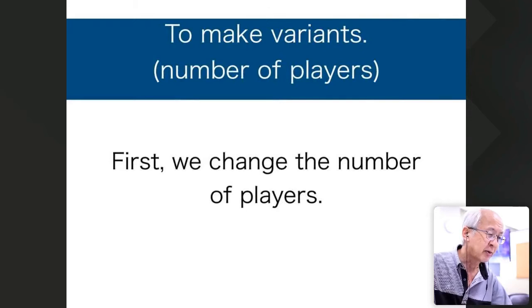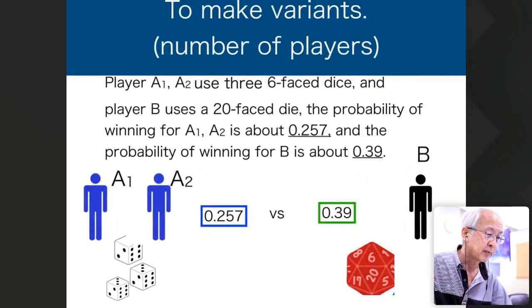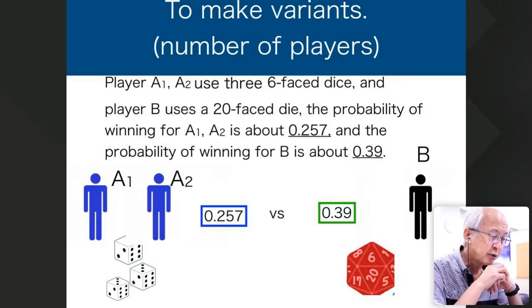First, we change the number of players. In the original game, there is one player who uses 3 six-face dice, and another player uses a 20-face die. But this time, 2 players, A1 and A2, use 3 six-face dice. Then, who has a better chance of winning?